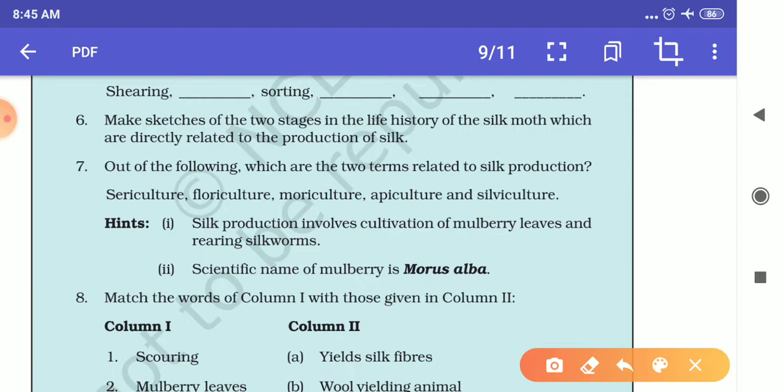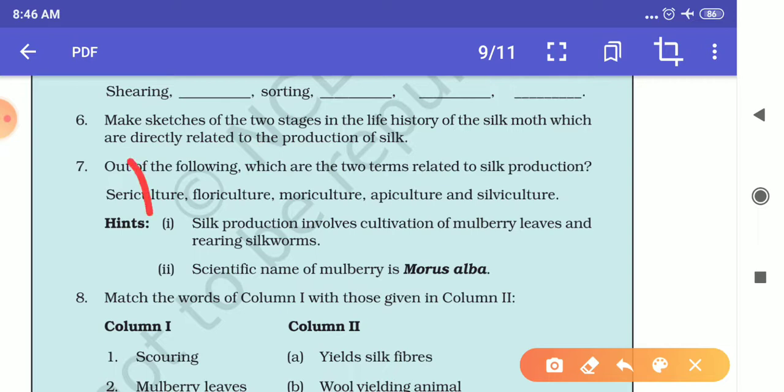There are 4 stages. First stage is egg. Second stage is the larva or the caterpillar stage. And the third stage is cocoon stage, that is also called pupa. Therefore these two, and after the fourth stage the larva is transformed into a silk moth. So that is not required. The 2 stages that we need is the silkworm, that is also called the larva stage.